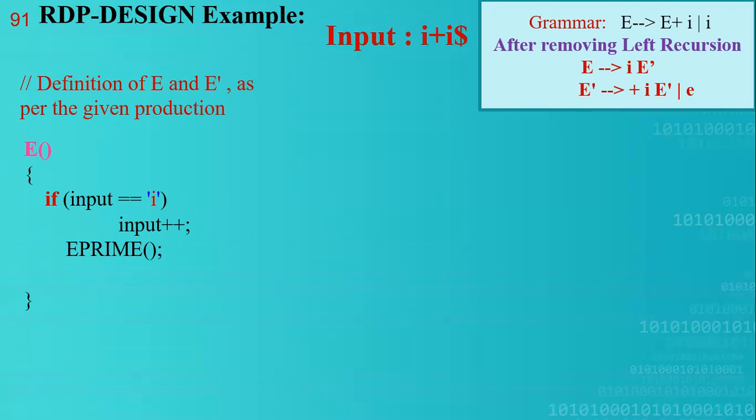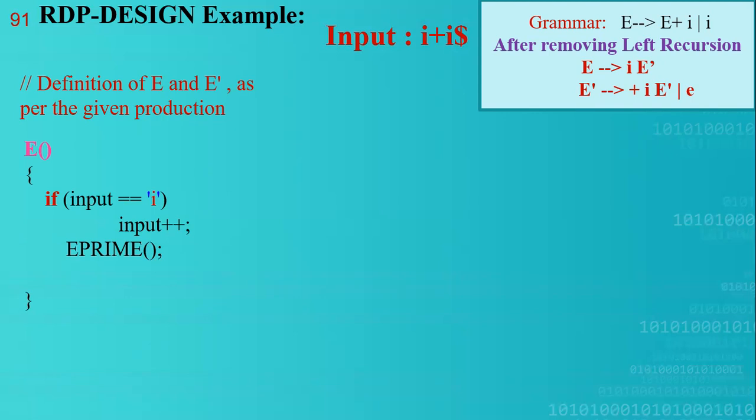This variable is used in order to move the pointer. This is a pointer which is pointing to the first symbol, and as soon as we have matched this with our input string, this pointer will be moved forward. There are three conditions to be checked. Suppose the symbol is a non-terminal, that is, a capital letter or something like that, then we have to call the procedure of that particular non-terminal.